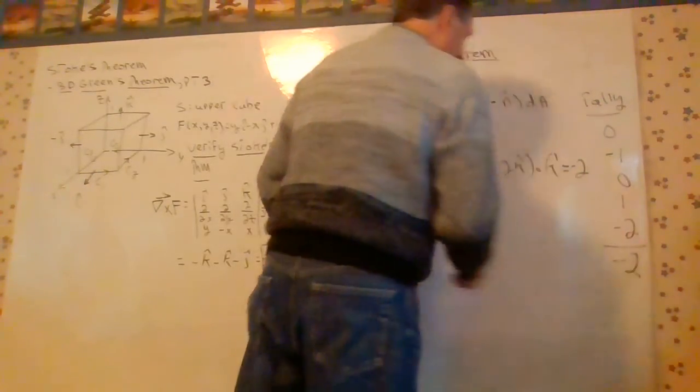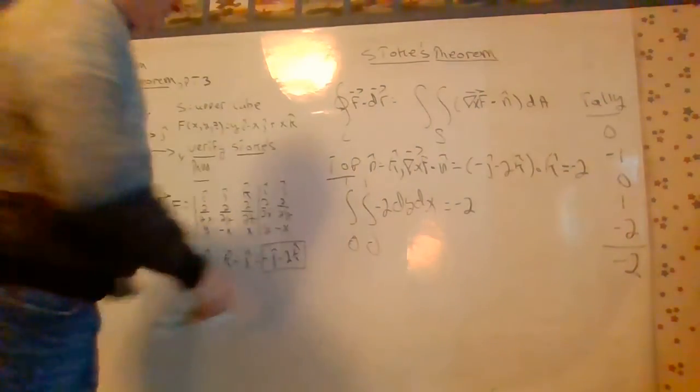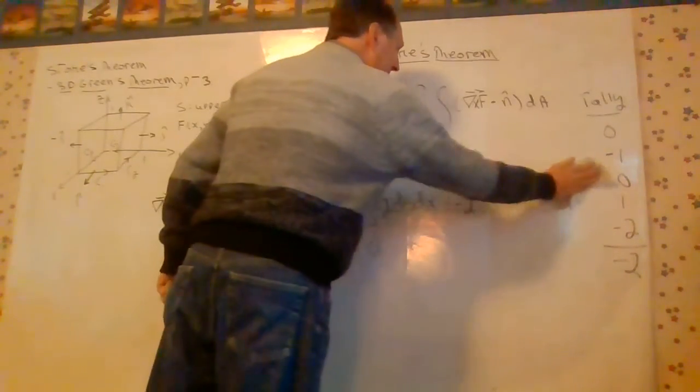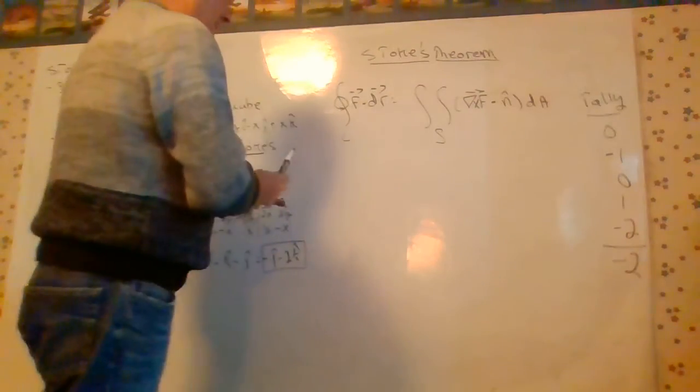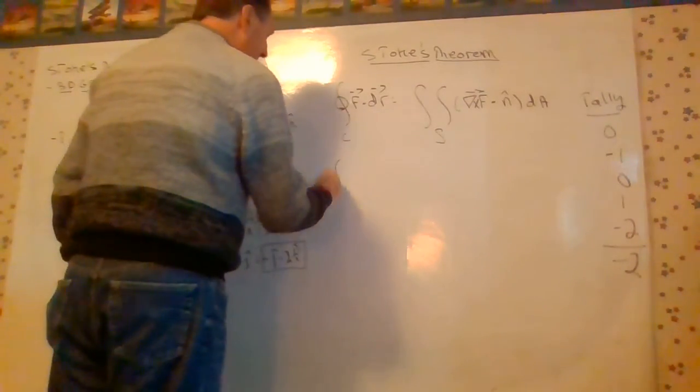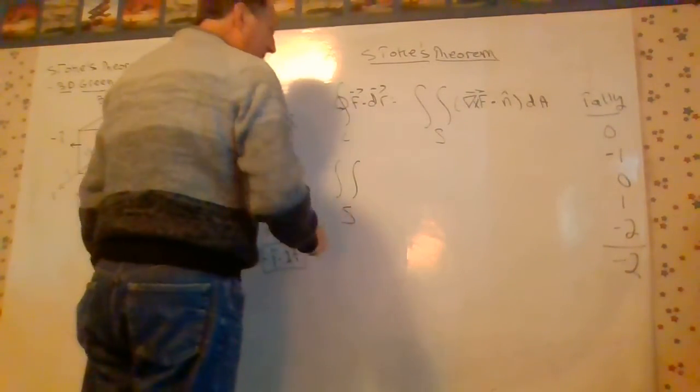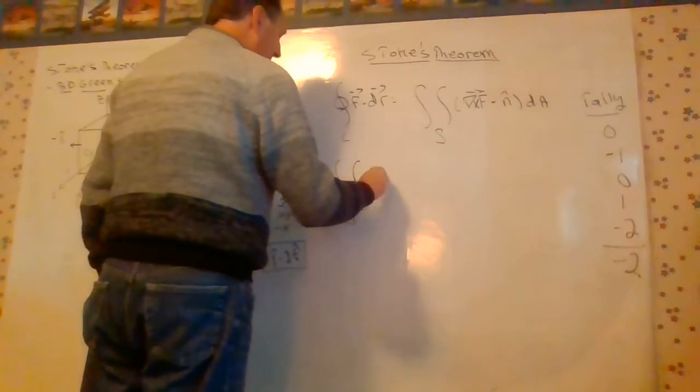Add this all up, and so the double integral, this is what's called a surface integral, by the way.